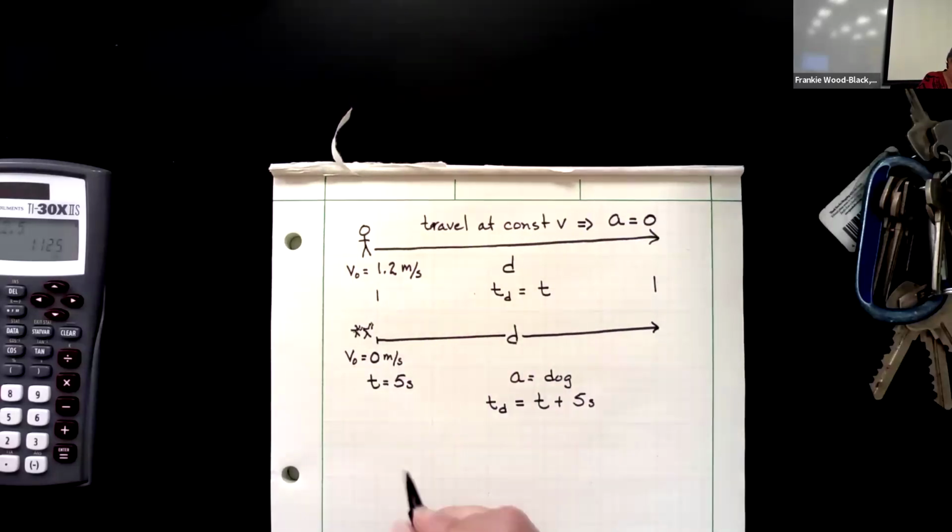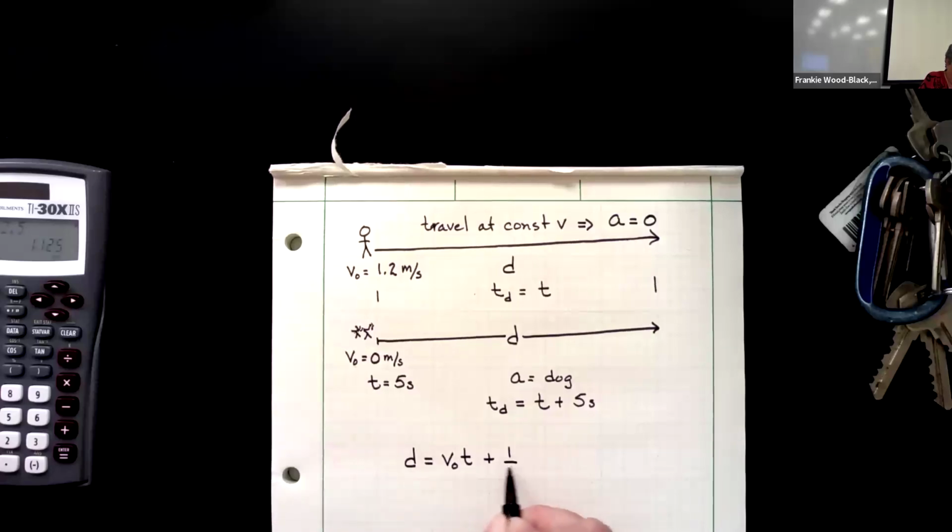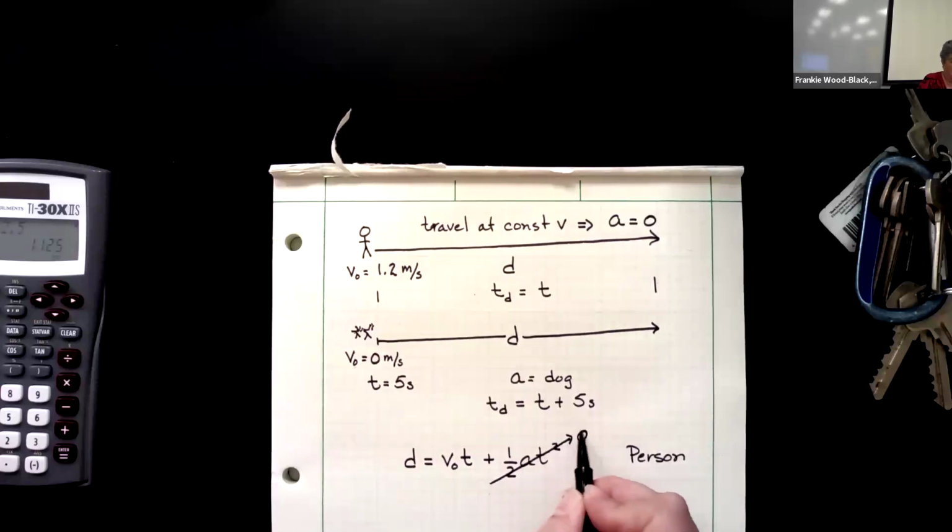So this one is the distance is going to equal my initial velocity times time plus 1/2 my acceleration times time squared. And this is for the person. And this is going to end up equaling 0 because I'm at no acceleration.